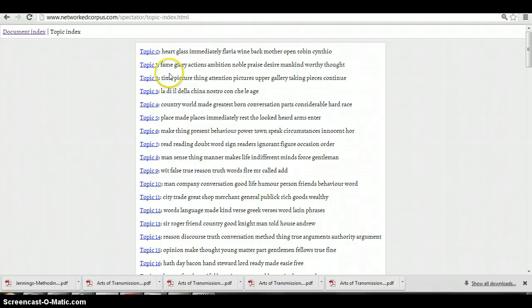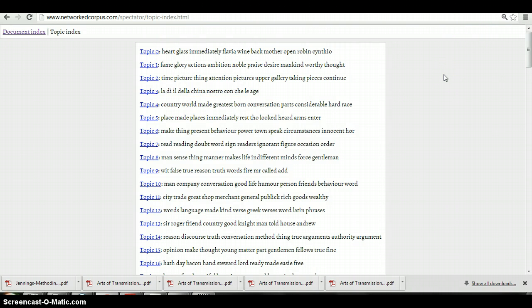From something here, topic one, that seems to make some sense: fame, glory, action, ambition, noble; to topic three, which seems to indicate something different, largely referring to Italian words that appear in The Spectator's discussion of Italian opera.